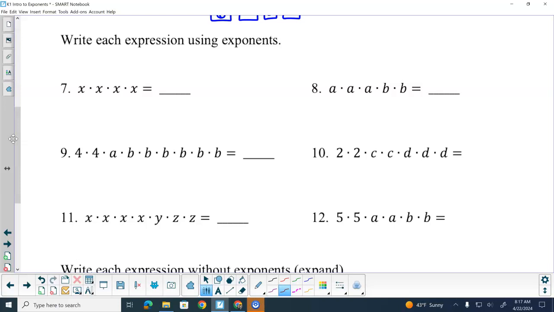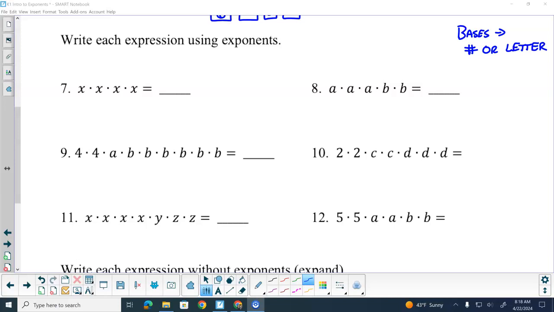So what we have to do is look for what are called bases. Bases are any number or letter. For each different number or letter, we have to put that in our expression.